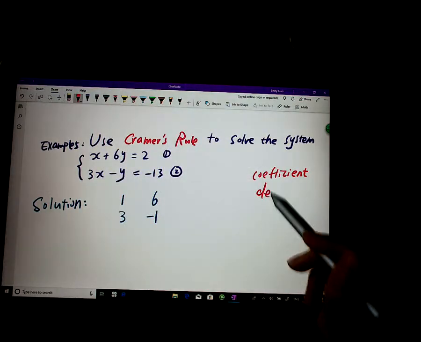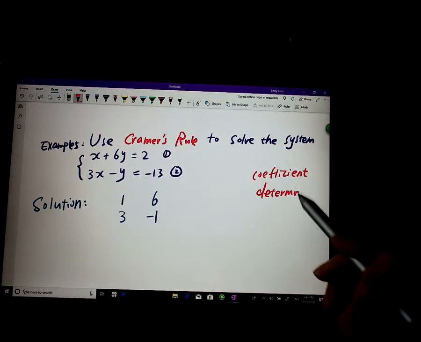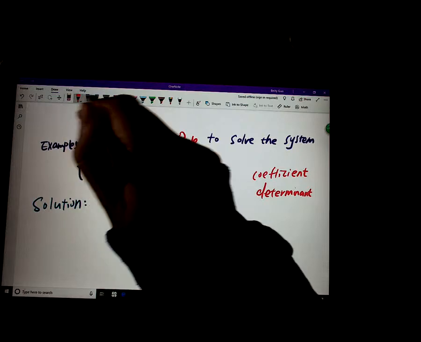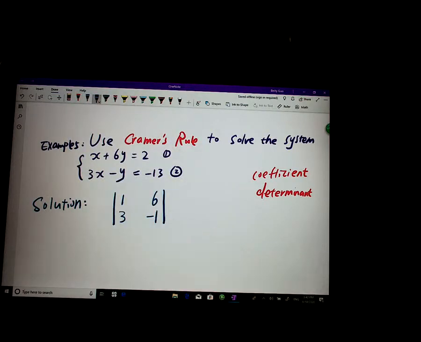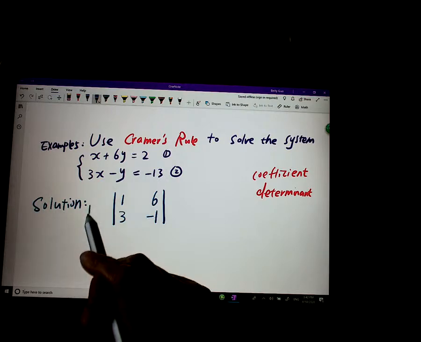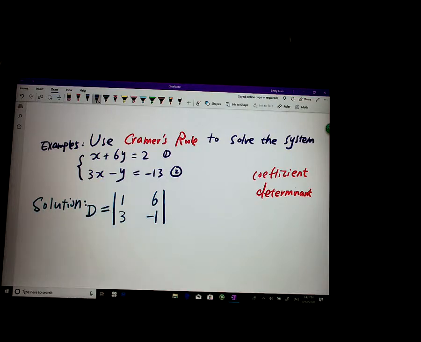The coefficient determinant is simply the determinant of the coefficient matrix. We use capital letter D to represent the coefficient determinant.